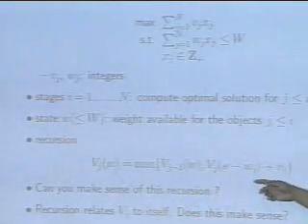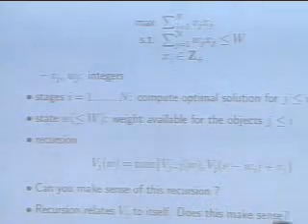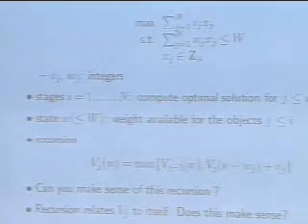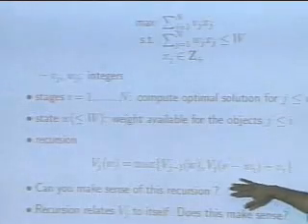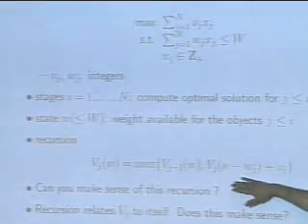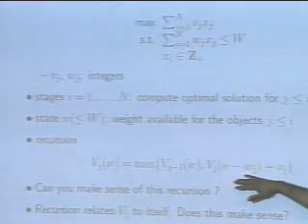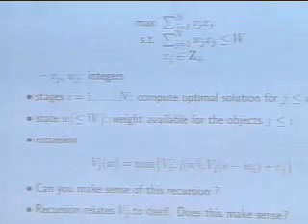But why am I allowed to write this recursion? The remaining capacity. Somebody else said something. Okay, so just say in words what this is saying right now. We just want to take the object j one time more. We could possibly take it one time more.